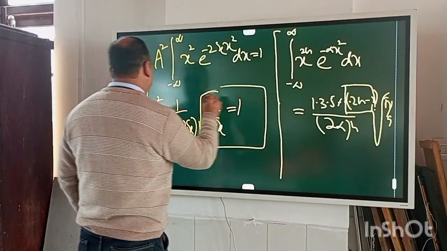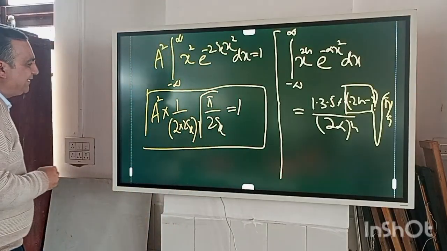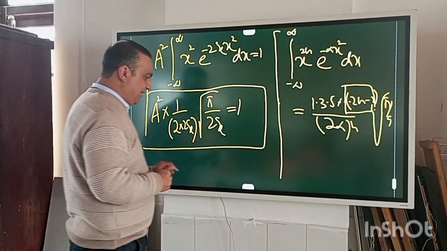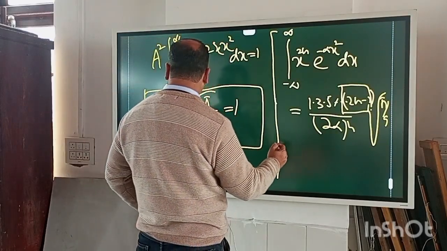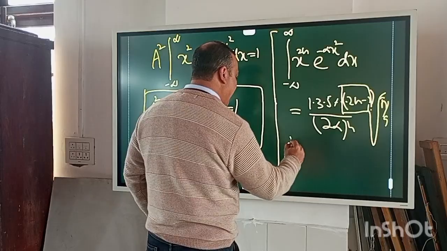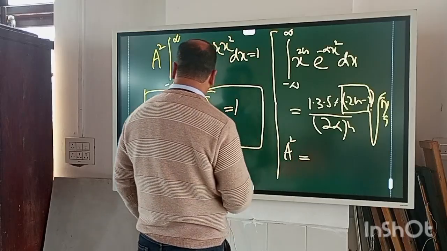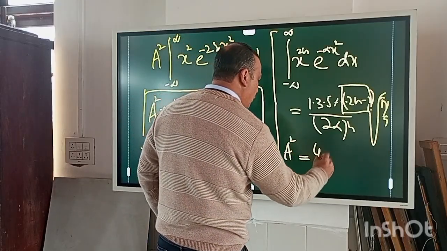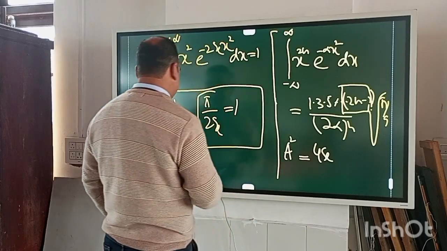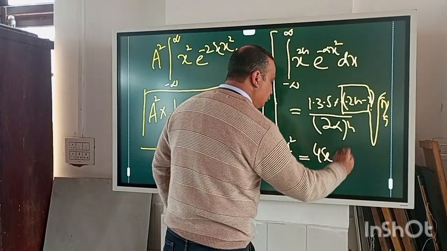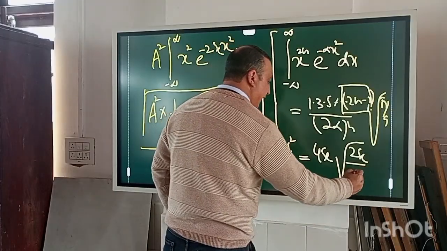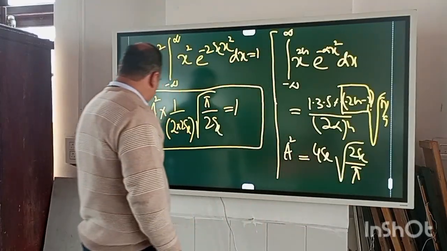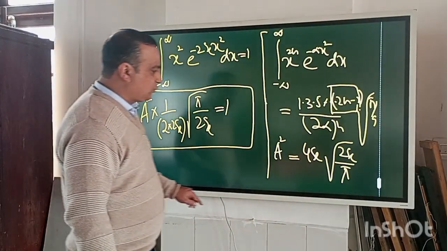So from this equation, we can calculate the value of this A. We will have A squared equals 4 zeta, if you go up, and under root of 2 zeta divided by pi. Okay, this is our A squared.